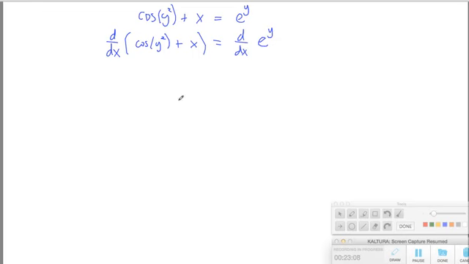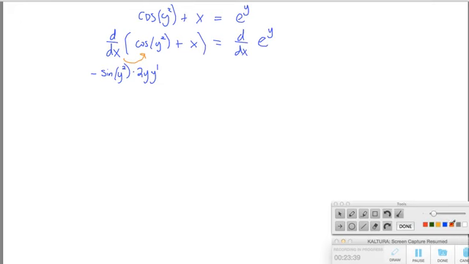Now the derivative with respect to x of cosine of something, remember the derivative of cosine is negative sine. Keep the inside function y squared left alone. Then you've got to multiply by the derivative of y squared. Well, remember the derivative of y squared is 2y, y prime.